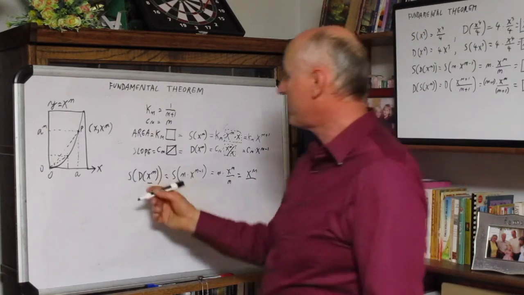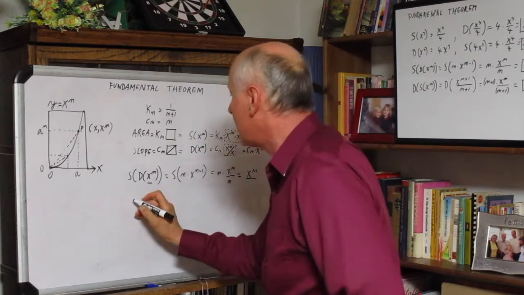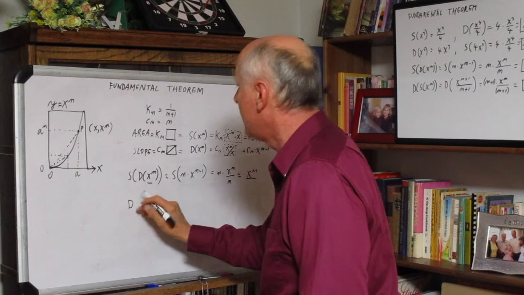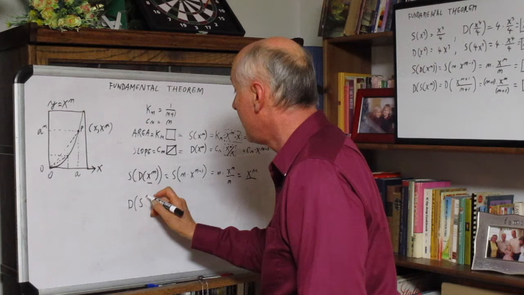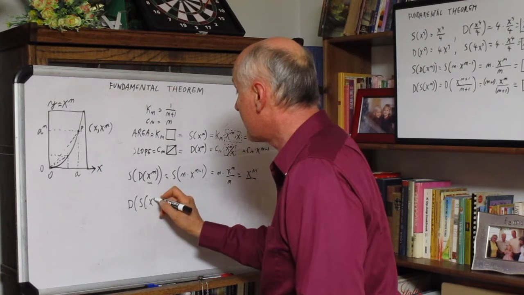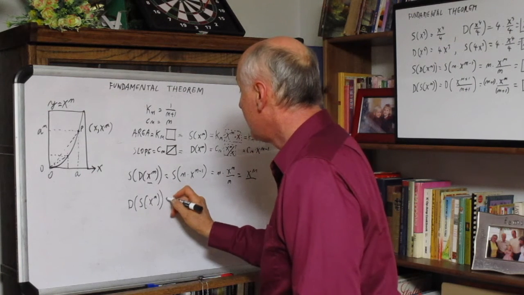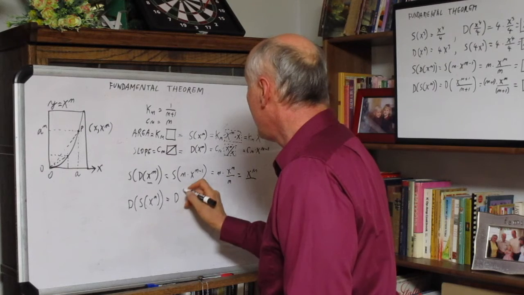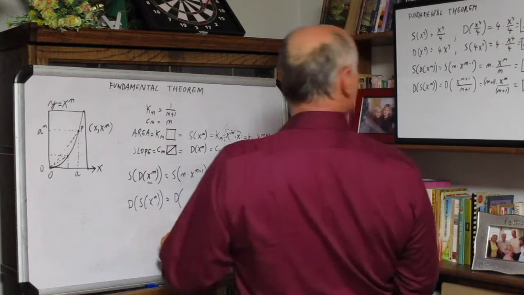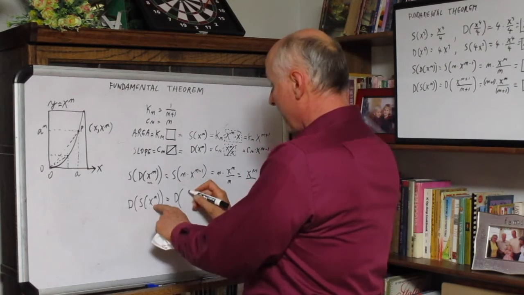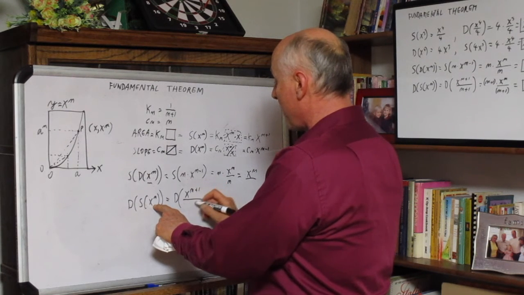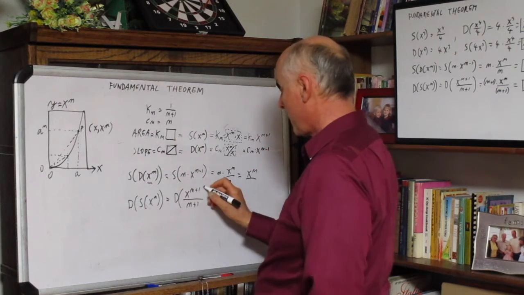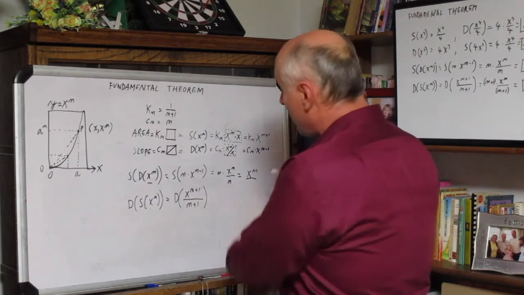Now take the signed area of that, and you end up with the original function. Pretty cool. Let's do the same, but invert the order. Now let's do d, the tangent slope, of the signed area of x to the n. Well, that equals d of x to the n plus 1: you raise by 1 power and divide by n plus 1. Keep going.